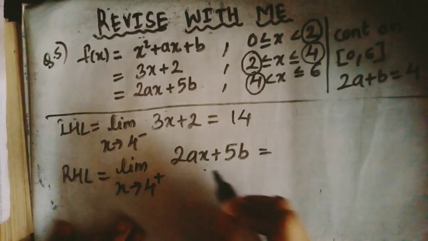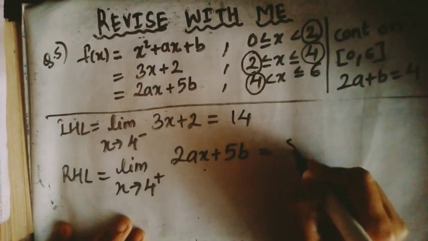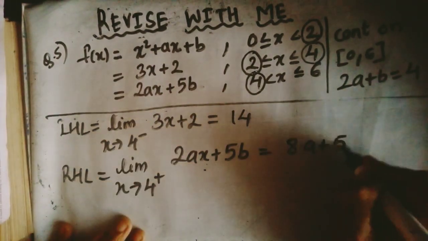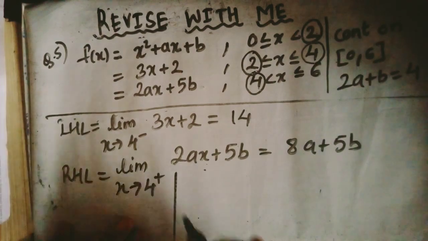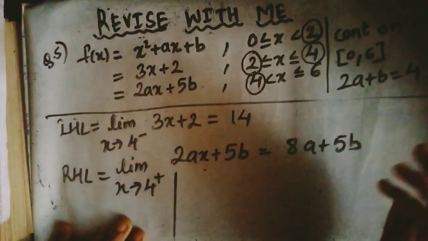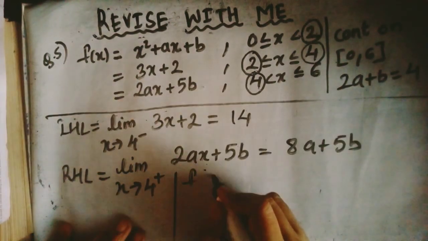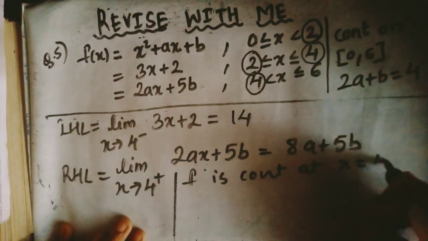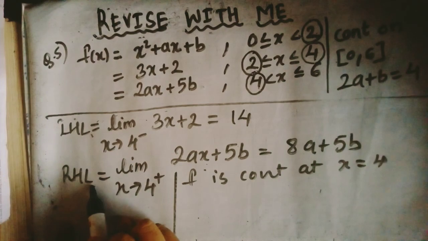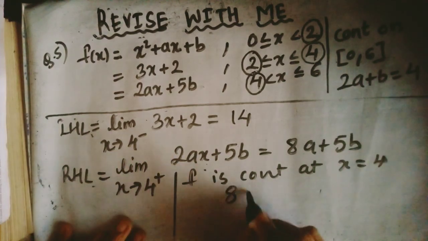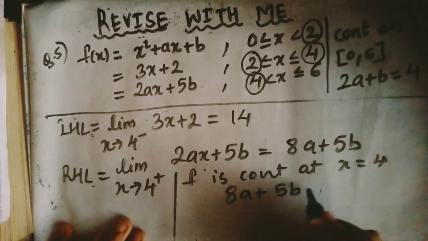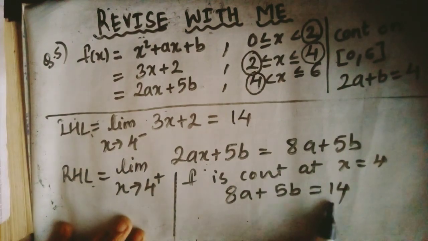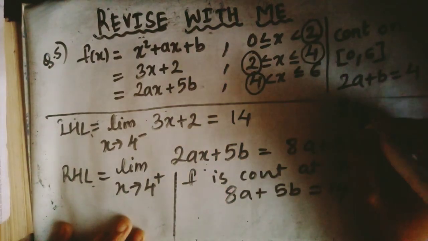Substituting the value of 4, 4 times 2 is 8, so 8a plus 5b. Now taking the information that f is continuous at x equal to 4, the right hand limit and left hand limit are equal. So we'll get 8a plus 5b equal to 14. So this is our second equation.